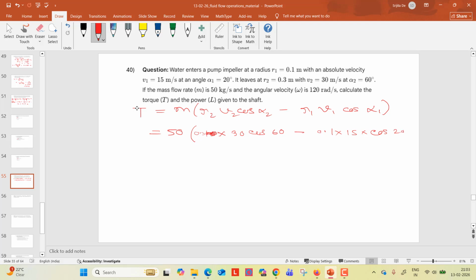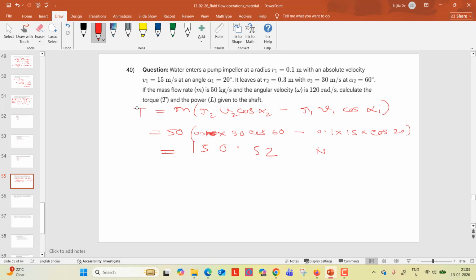So what is it coming? 0.3 into 30 into cos 60, 4.5 minus 0.1 into 15 into cos 20, that is 3.09 into 50. It is coming as 150.52 Newton meter. This is the torque.